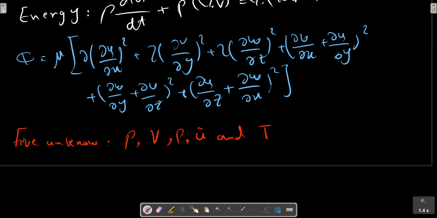Therefore, we need two additional relations to complete the system of equations. These are provided by data or algebraic expression for the state relation of the thermodynamic properties.